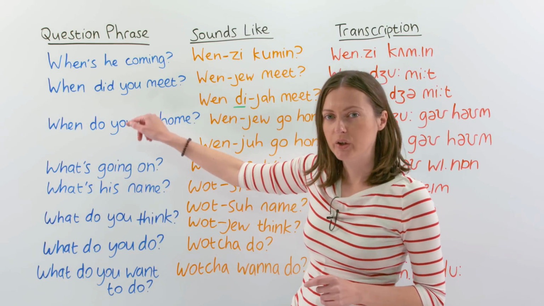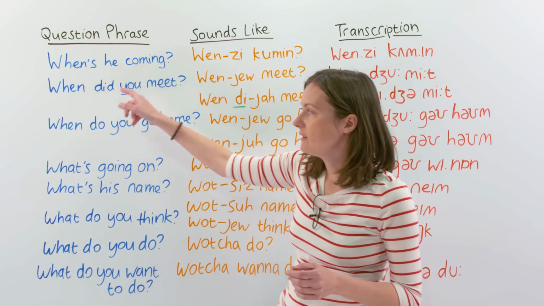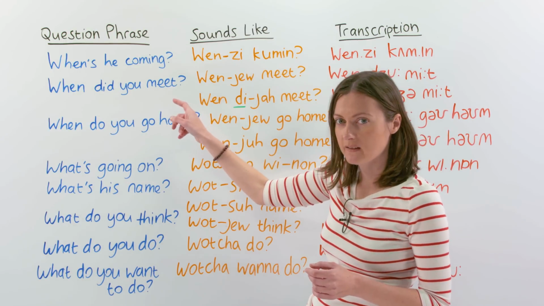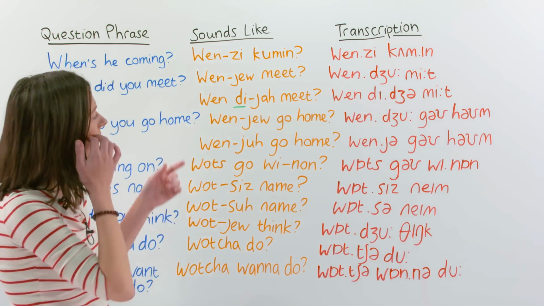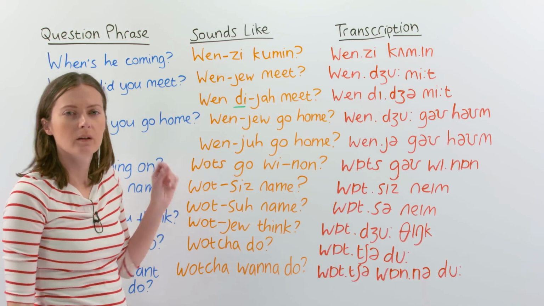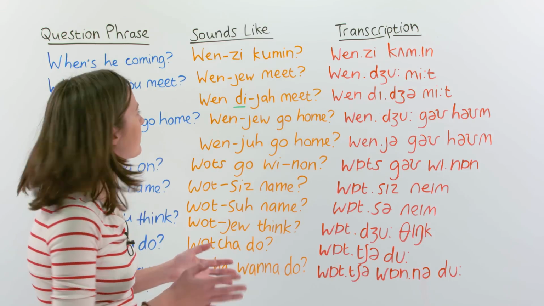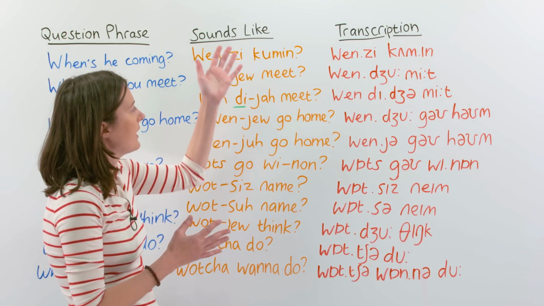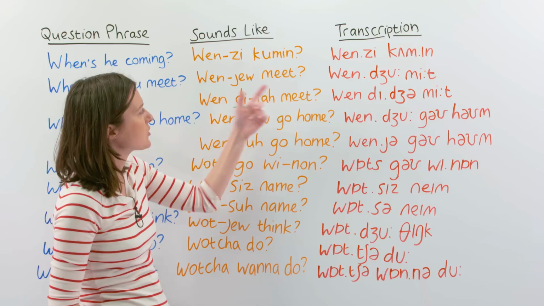When did you meet? Beginner. When did you meet? But that doesn't sound very natural. So instead we say, when'd you meet? What's changed here is, where's the D for did gone? When'd you meet?